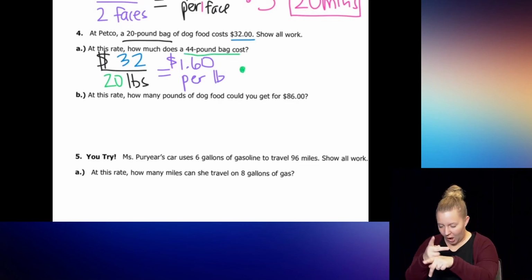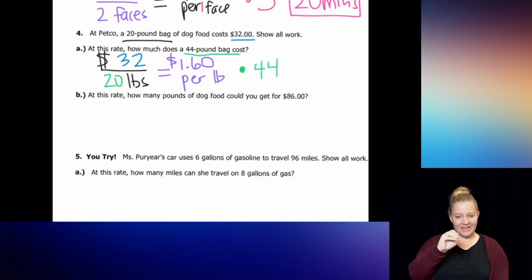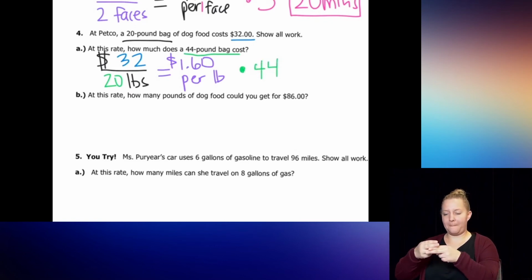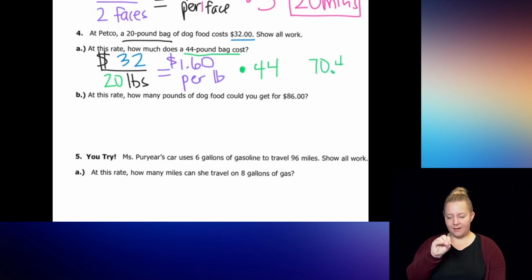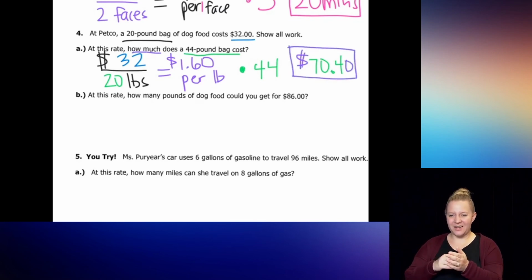So therefore, I'm going to take that cost of $1.60 times 44 pounds for my dog food. And I end up with a total of 70.4, but again, we want that cost because it says how much does it cost. So I need a dollar sign with a 0 at the end. Therefore, 44 pounds of dog food actually costs $70.40.